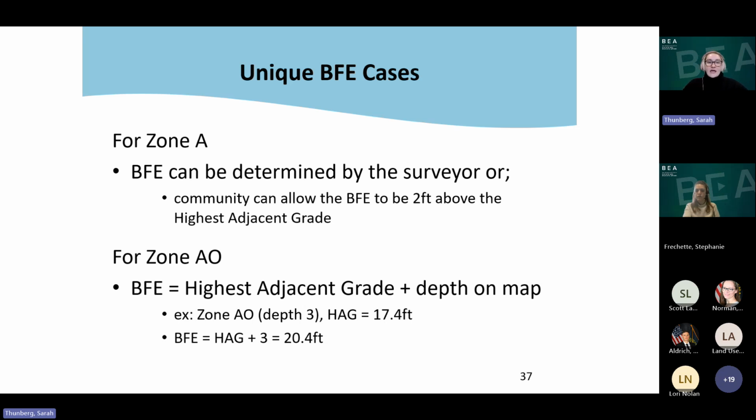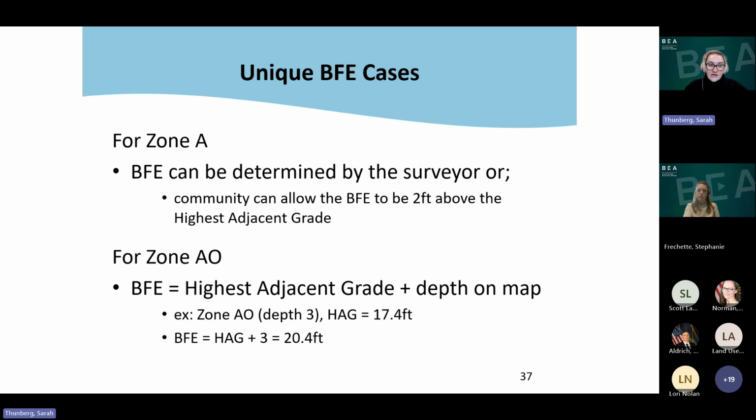So zone A is the special flood hazard area, which does not have any BFE information. So there's 2 ways to go about this. Either the surveyor would have determined a BFE and listed it on the elevation certificate, and if that is the case, then you can go ahead and use that BFE.